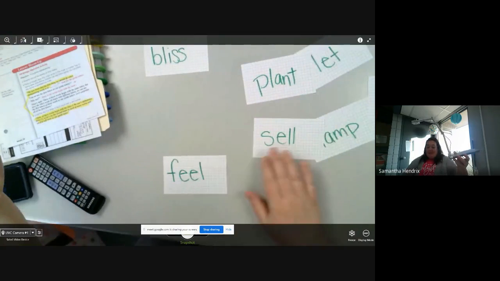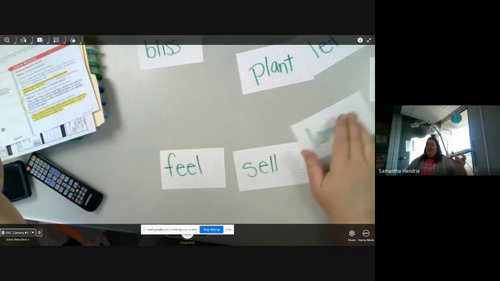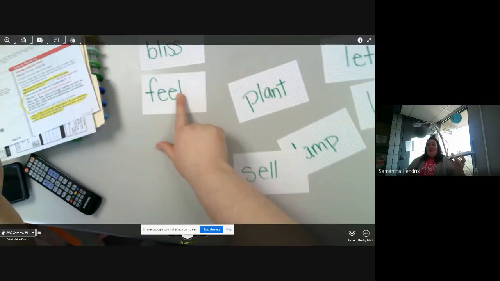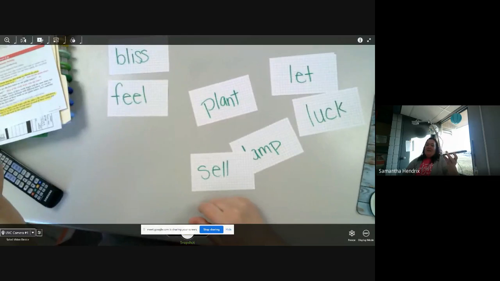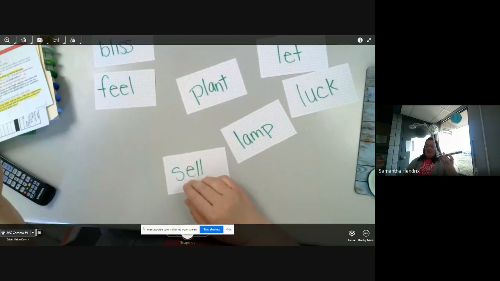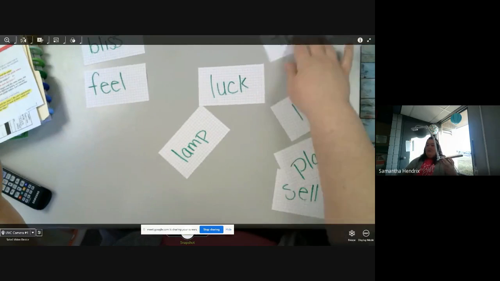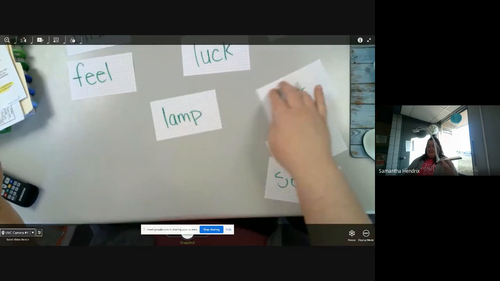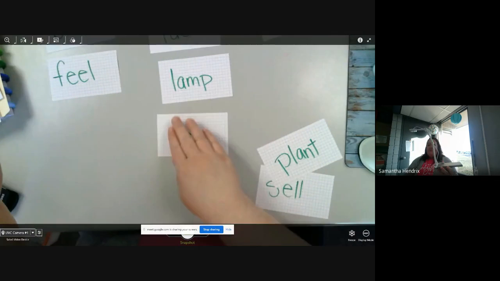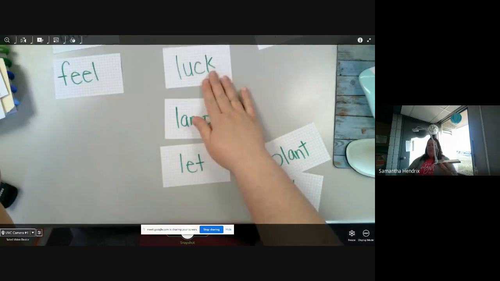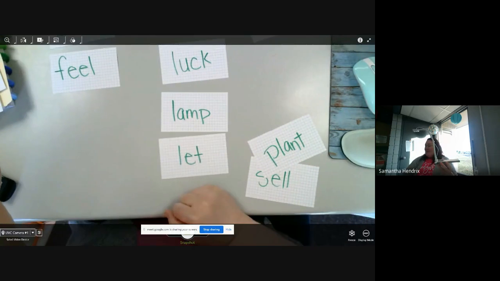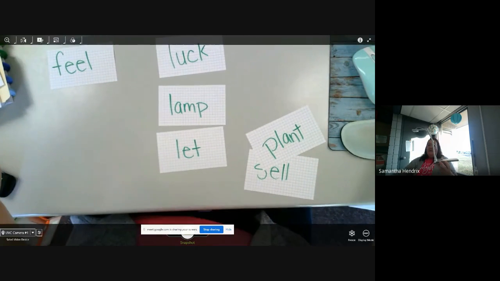A, B, C, D, E, F, G, H, I, J, K, L. So let's look at our L's. What have I told you about our L's? If we have words that start with the same letter, we've got to go to the second letter, right?